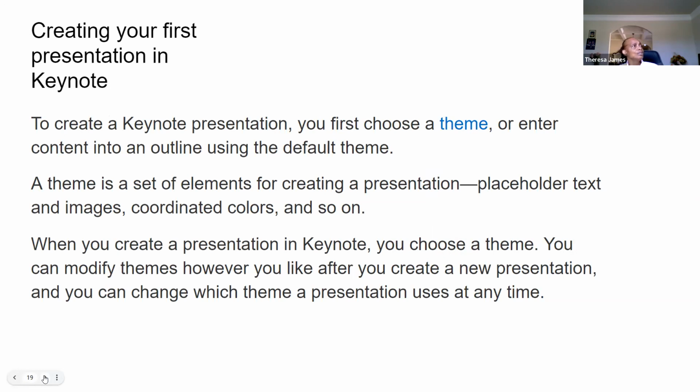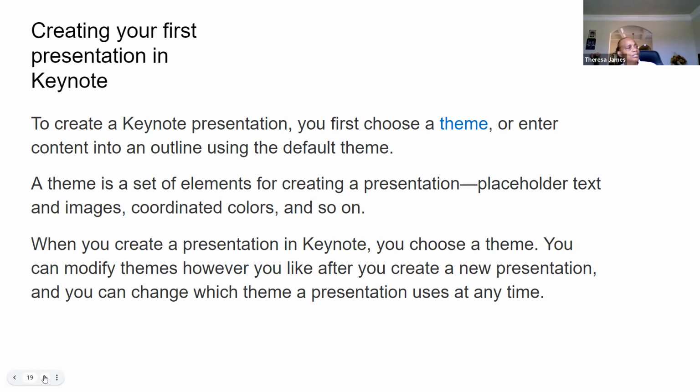So creating your first presentation in Keynote is, again, you have to first choose a theme. Very good. Somebody's learning something here. So what is the theme? Choose a theme. A theme is a set of elements for creating a presentation. It acts like a placeholder, okay?